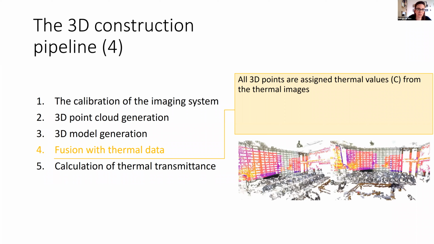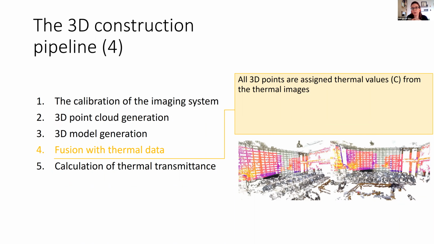The next step is the fusion with thermal data. So as I mentioned, different photos were captured using Nikon and FLIR. And here, all 3D points are assigned thermal values, the surface temperature values from the thermal images. And here, the intrinsic parameters of the visible band and thermal cameras and the relative 3D rotation and 3D translation between them are used.